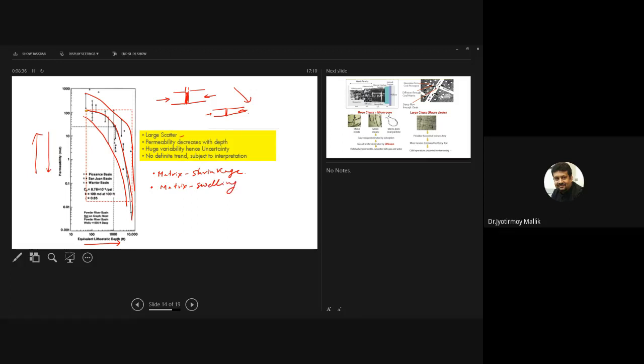So we will explain these two phenomena for you. Let's just say first matrix swelling, and then we talk about matrix shrinkage.